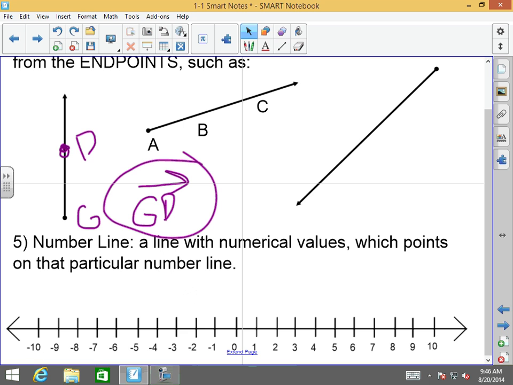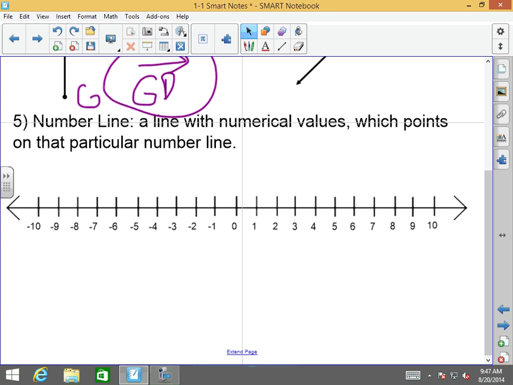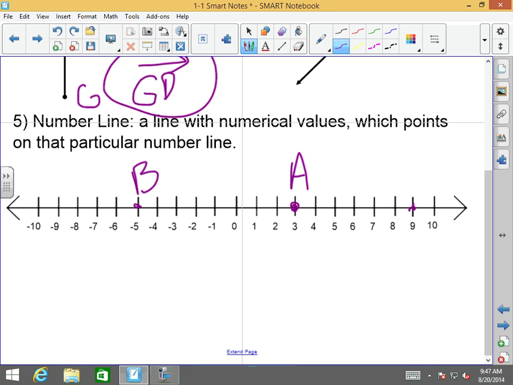Okay, a number line. You know what a number line is. A number line is a line with numerical values, which has a point on that particular number line. So for example, if I say that's A and that's B and that's C, I can say that point A has a value of 3.